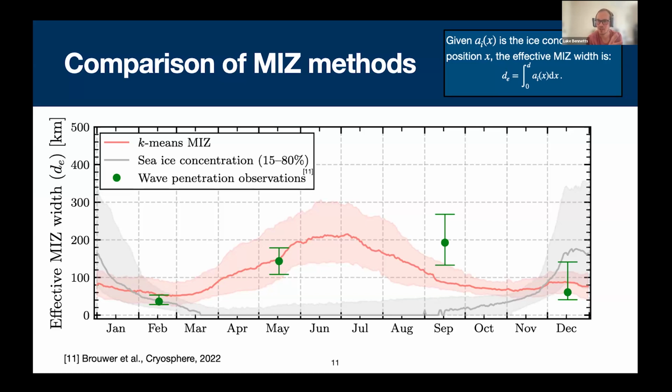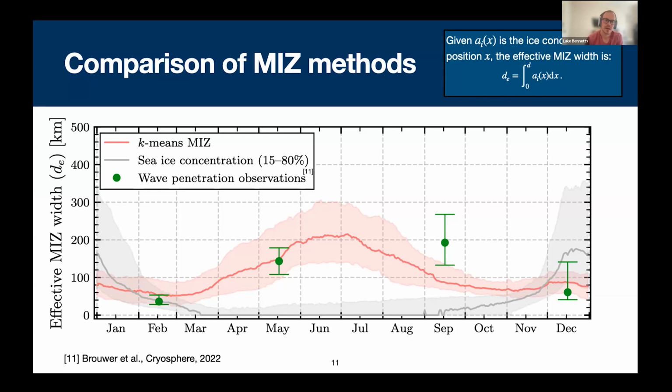It's really incredible that the measures are so close of the effective marginal ice zone widths here. In particular, the shapes over the year of marginal ice zone widths really stand out, the agreement there.